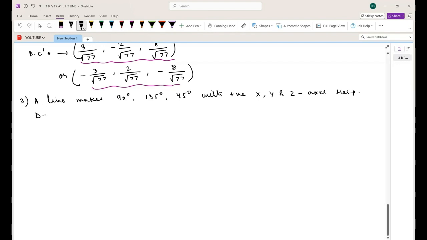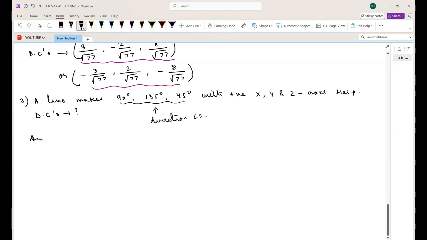Find the direction cosines. These 90, 135, and 45 are nothing but direction angles, because they are with the positive direction of the xyz axis. So cos of them will become my DCs.